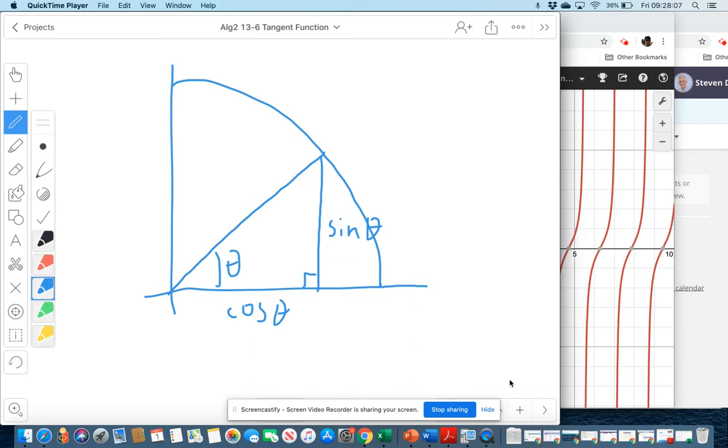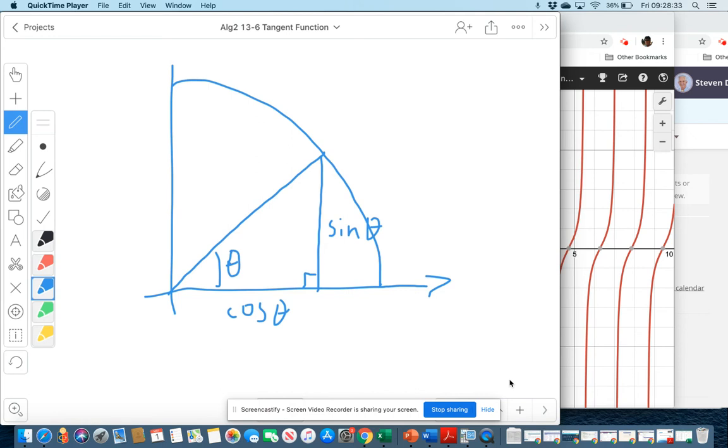I always thought of the tangent as being the slope of this terminal ray here. This is the terminal ray. The initial ray goes down here on the positive x-axis. So that's interesting. It's true. Again, that slope of that line is going to be 0 at an angle of 0.